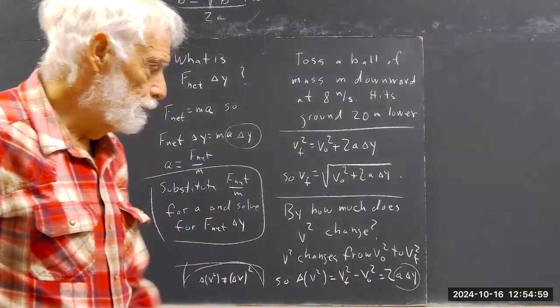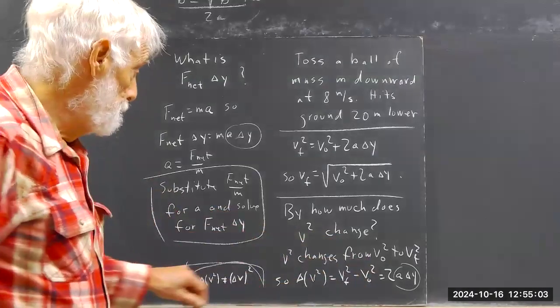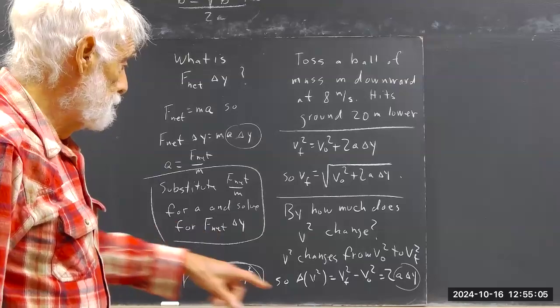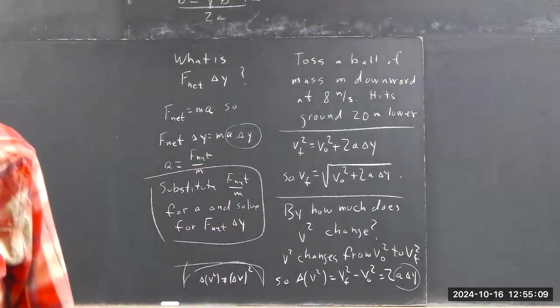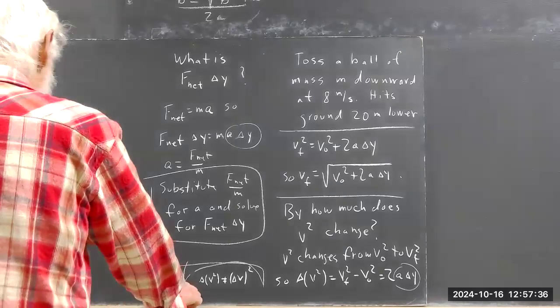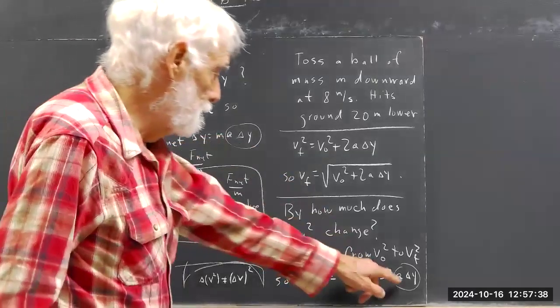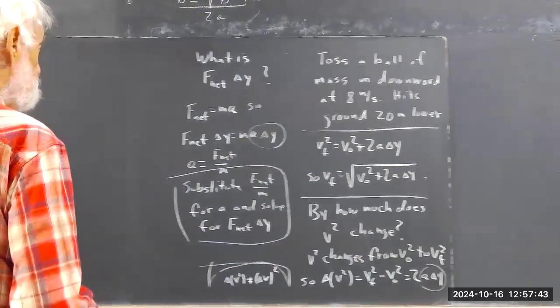Got this expression for vf squared minus v naught squared, delta v squared. Replace a by F net over m and solve for F net delta y. What do you get? Now, circle here and here, so clearly this is the equation we want.